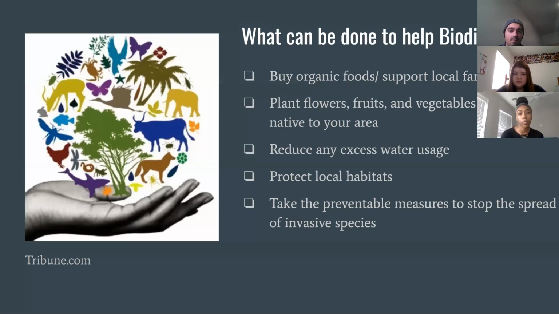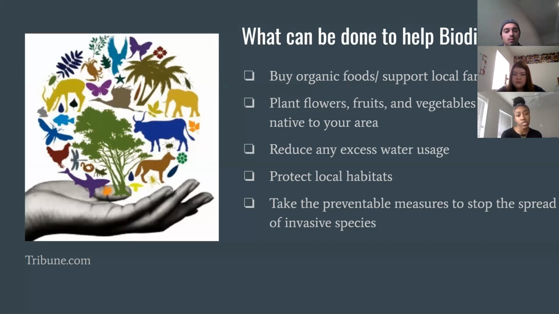Okay, so what we can do to help biodiversity. A part of biodiversity is about encouraging healthy and favorable conditions for our local ecosystems so that organisms can have the chance to survive and thrive. There are aspects, of course, that we can't fix ourselves, but there is a lot that we can do to help locally. Buying from local farms can help support agriculture. Maintaining presence of plants that are native in our areas can help them from going extinct.